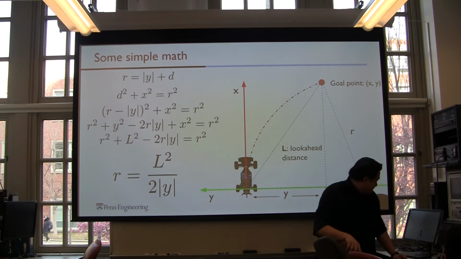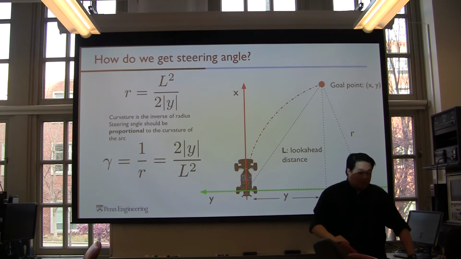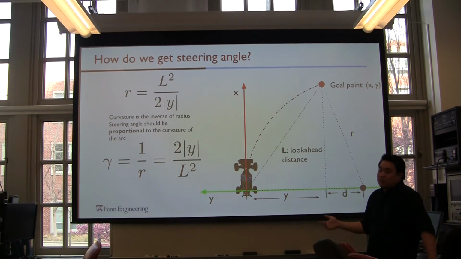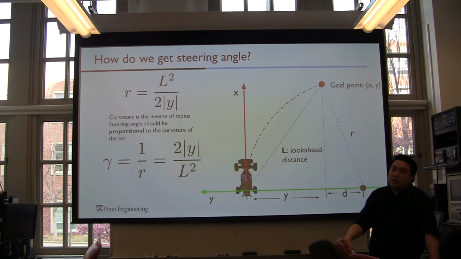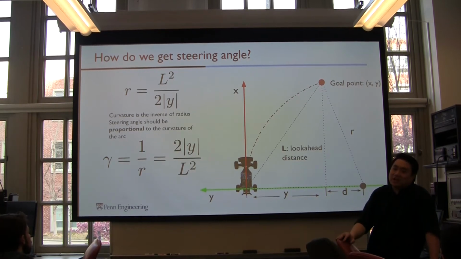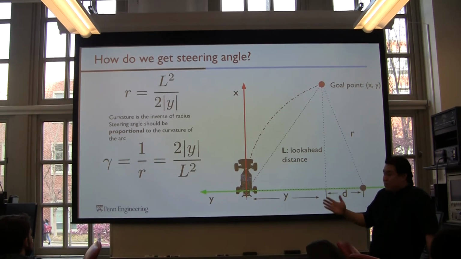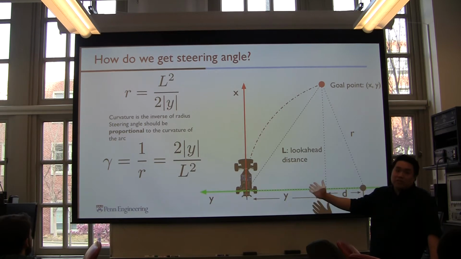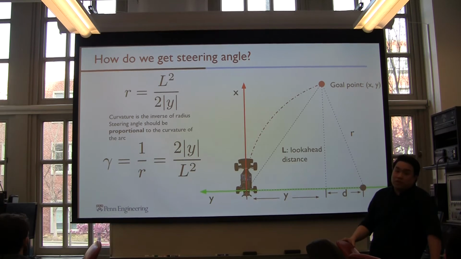All right. So how does this help us? Since we know the radius, we can figure out the curvature of the arc. The curvature is 1 over your radius, so that's going to be 2 times the absolute value of y divided by your look-ahead distance squared. You can see that the steering angle should be bigger when you have a higher curvature arc, so the steering angle is proportional to the curvature of the arc.